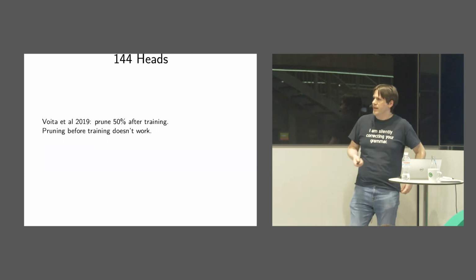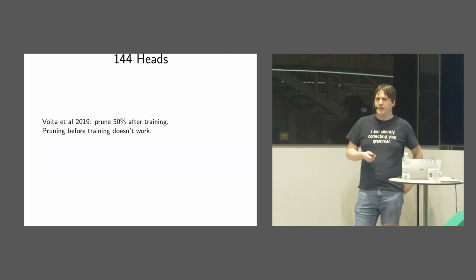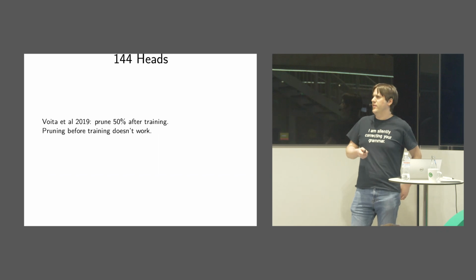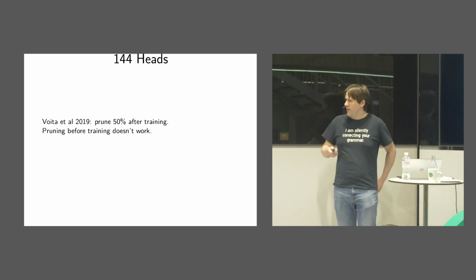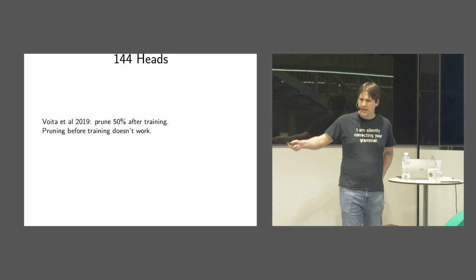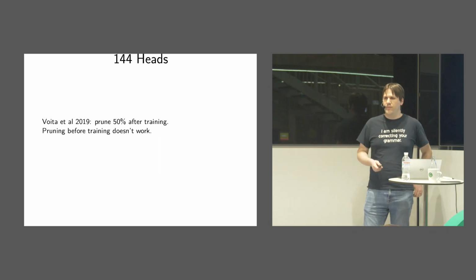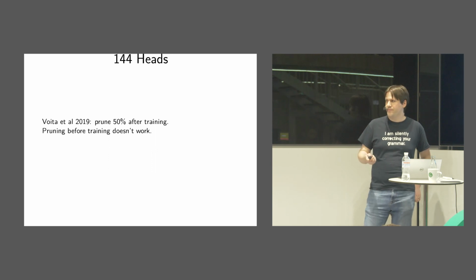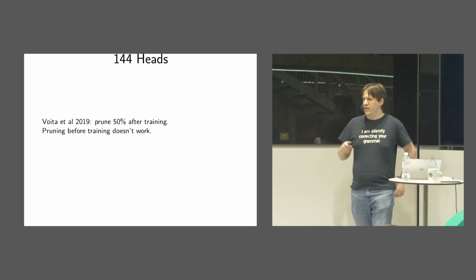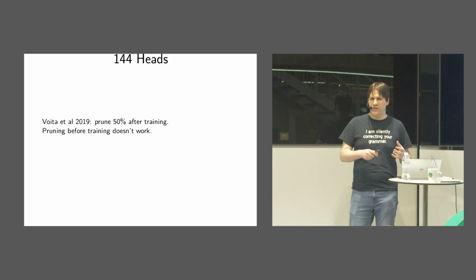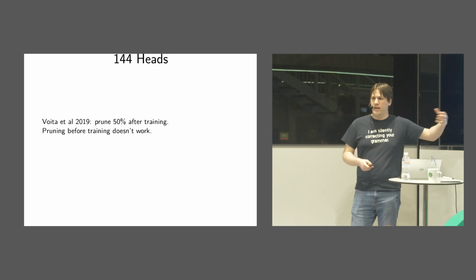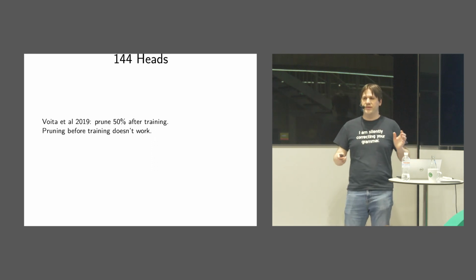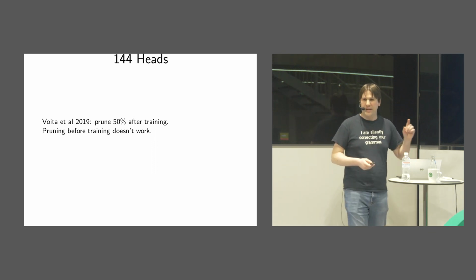Lena Voita, who's actually joint between Yandex and Amsterdam and Edinburgh somehow, put a paper out where after training, she said you can prune about half the heads, they just don't do very much. But she then tried taking the network structure that she had pruned and reinitializing it and starting again, so maybe it's just a better network structure that she discovered, but that didn't work.